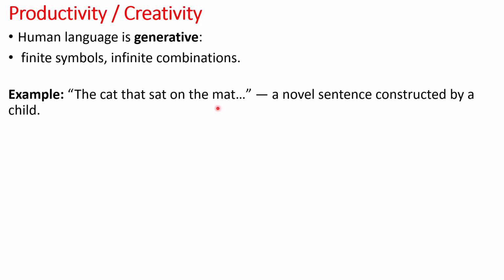This is a new sentence constructed by a child, even if he has never heard the sentence before. Human language is generative. Here, humans can create infinite combinations with finite symbols.